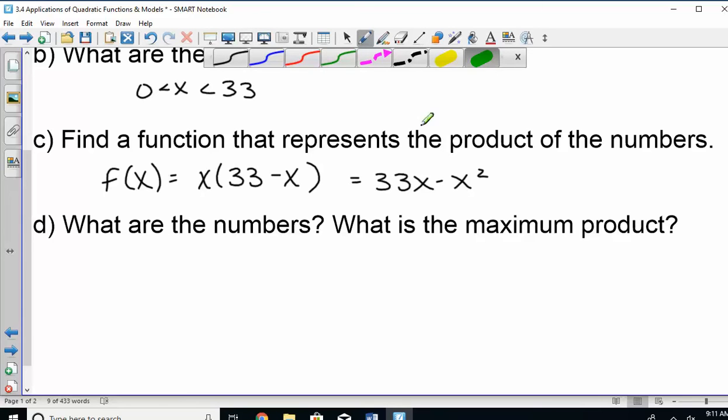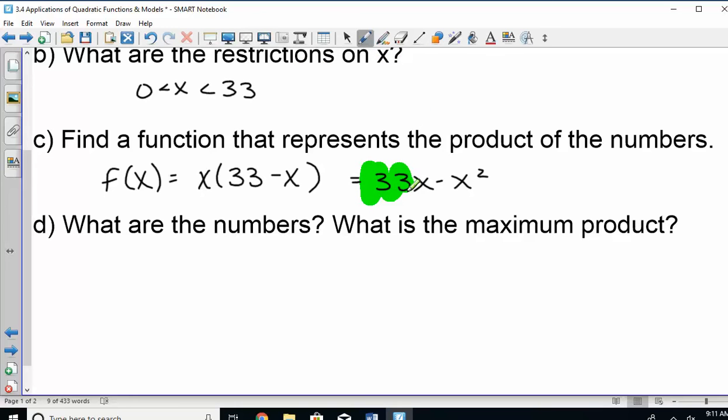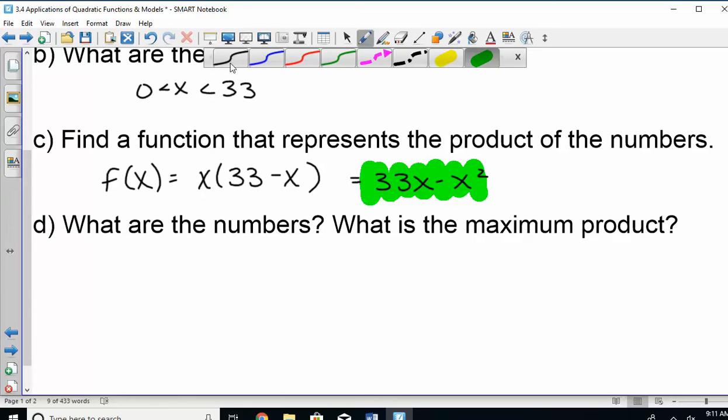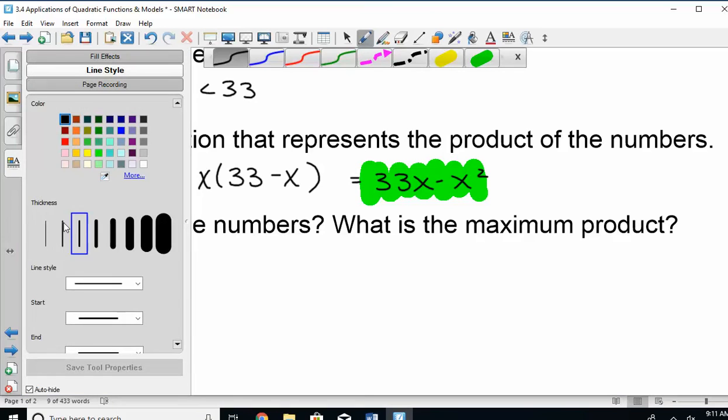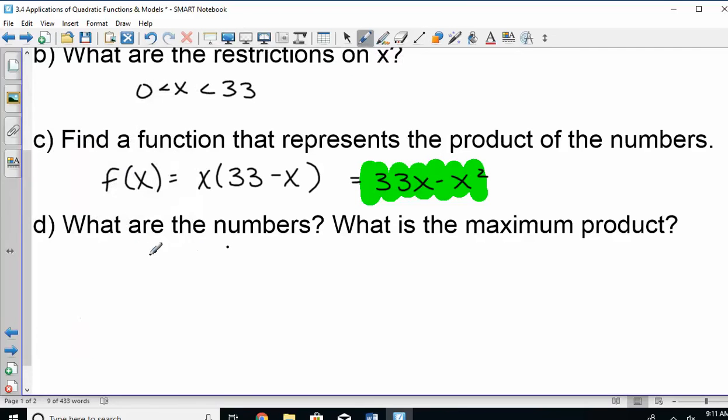Okay, go back to this. What kind of equation do we have here? What kind of equation is that, guys? It's a quadratic. Okay, if you prefer, you could write it as negative x squared plus 33x. Alright, it's a quadratic. It's a parabola.